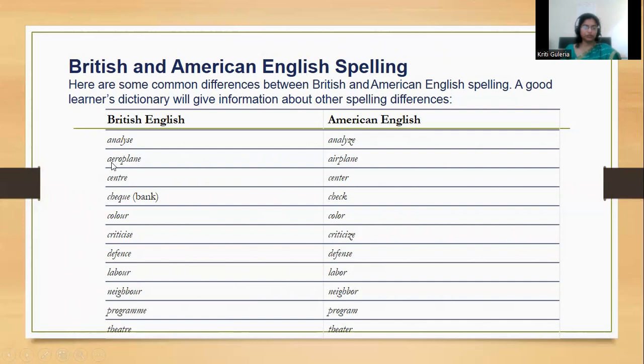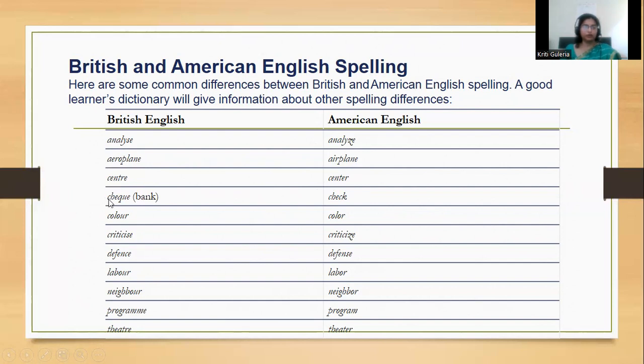Under British English, the word aeroplane is spelled A-E-R-O-P-L-A-N-E. Whereas under American English, it is written as airplane, A-I-R-P-L-A-N-E. Similarly, centre. In British English, it is C-E-N-T-R-E, whereas in American English, it is C-E-N-T-E-R. Right?